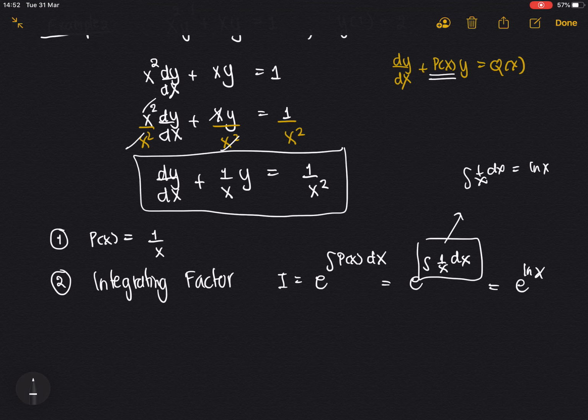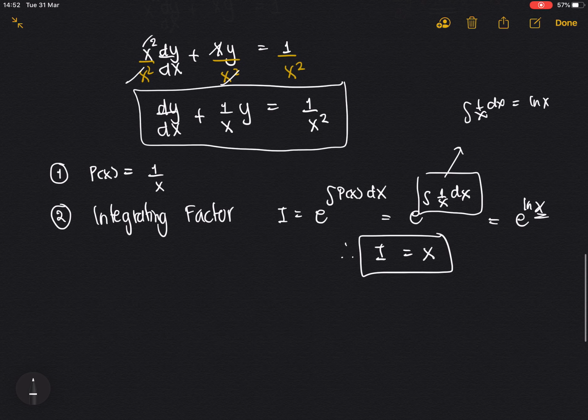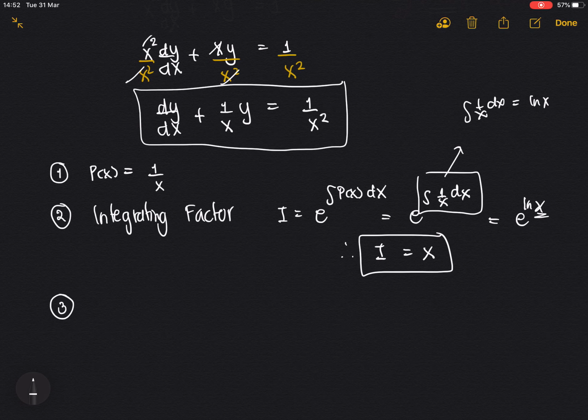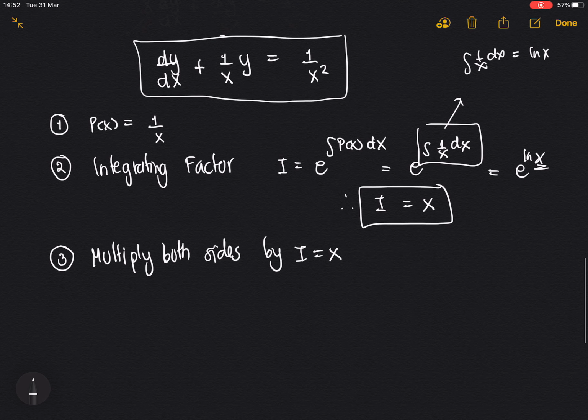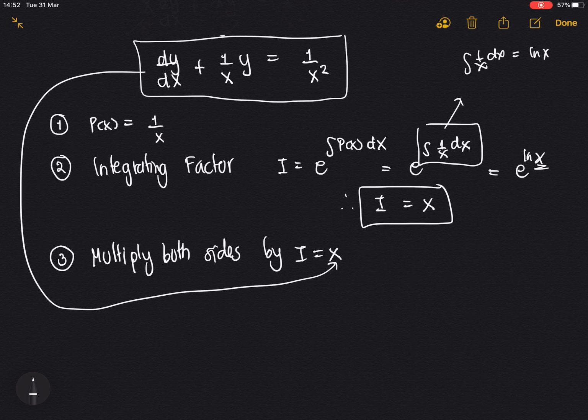So based on the property of the exponentials and the natural logs, we found that the value of the integrating factor is equivalent to x. Alright, and the third step, we have to multiply both sides of the expression by the value of I equivalent to x on this standard expression.